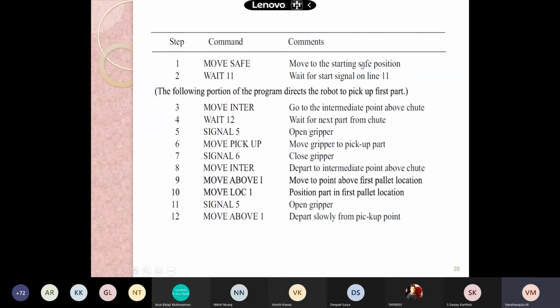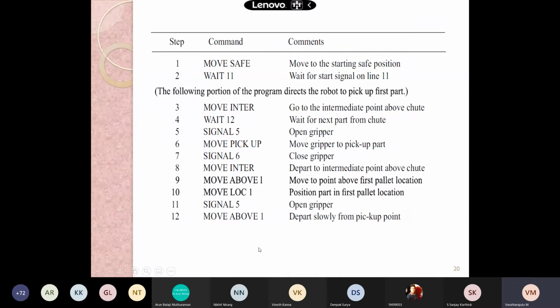Move safe, move to starting safe position, and move inter, go to the intermediate point above chute. Wait 1 2, wait for next part from chute, and signal 5, move pick up, gripper to pick up part, and signal 6, close gripper, move inter, and move above 1, move lock 1, signal 5, and move above 1.